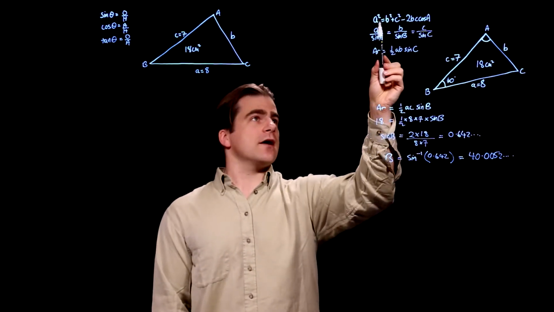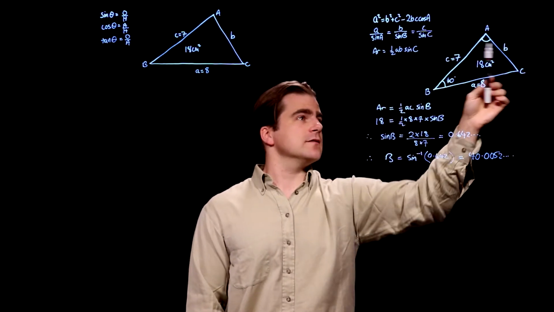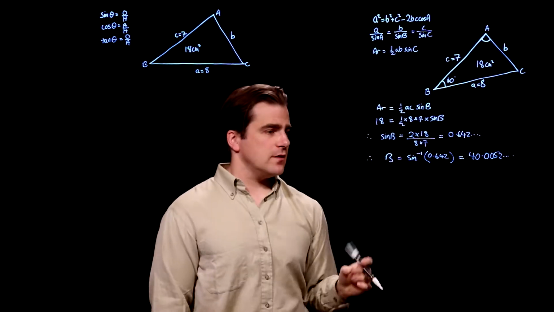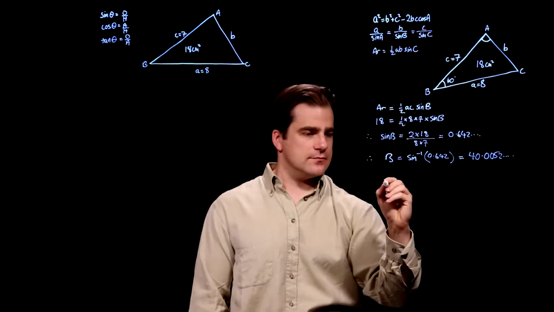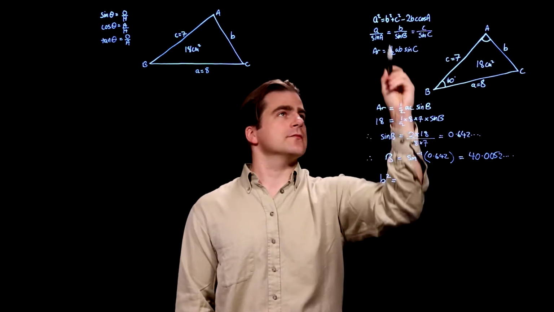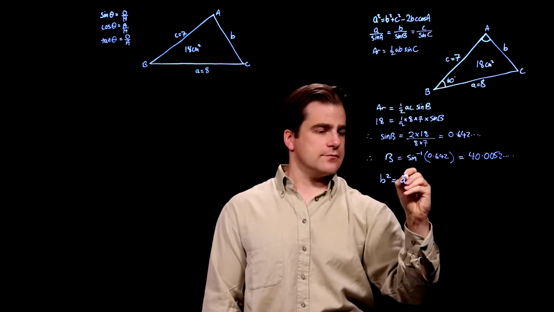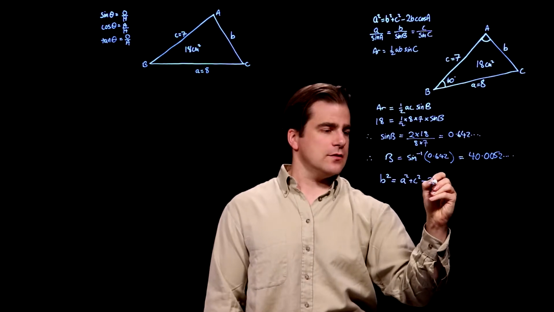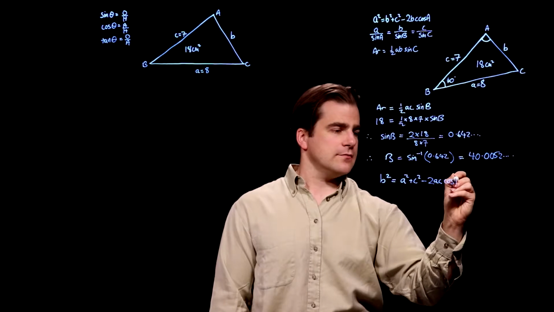Again, we have to rewrite this because we don't have B and C, we have A and C. So we shall rewrite that as b squared equals a squared plus c squared minus 2ac cos b.